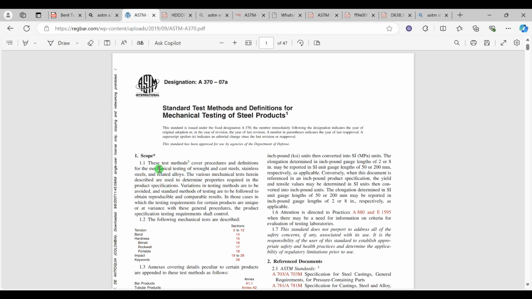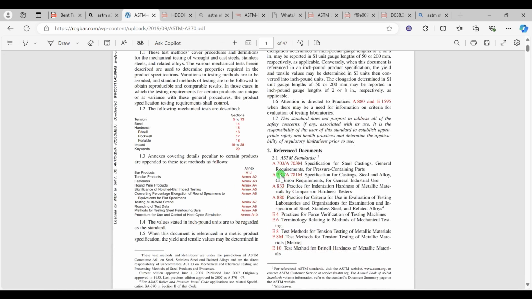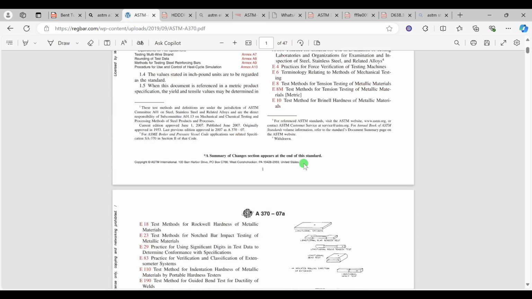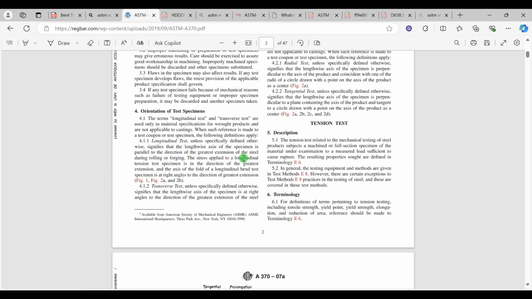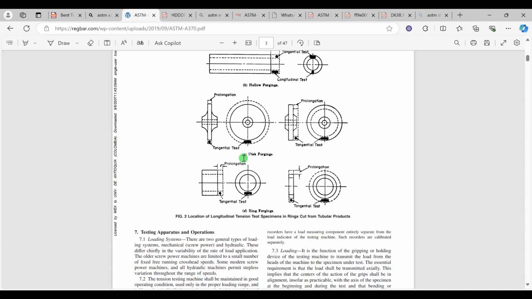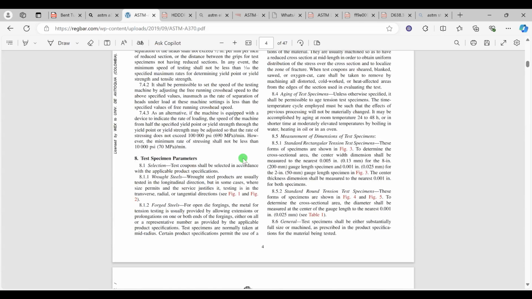At first you can read about the scope of this standard and for what applications we can use it, and the related standards you can find here. The most important section in this PDF file is here, where you make your dog bone or specimen for doing the test.